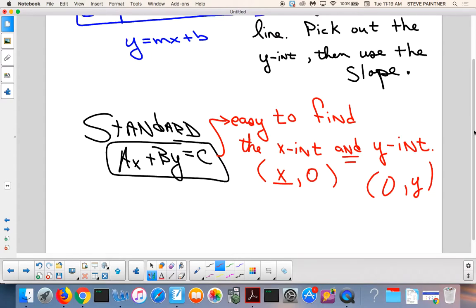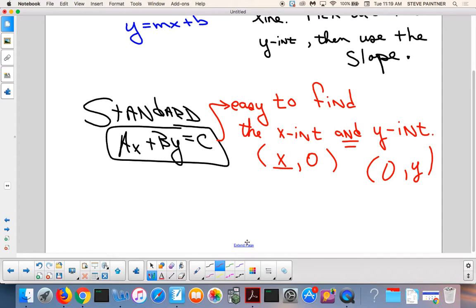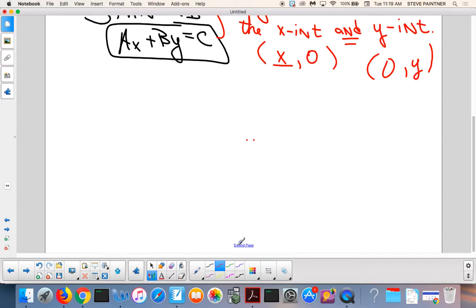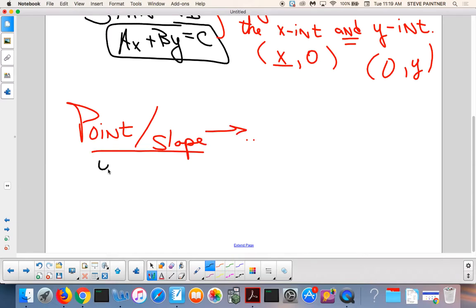Now, here comes today's form. Today's form is called point-slope form. Now, you don't know this yet because you haven't worked with it. Why do I like this form? Okay, quit humming. So there's your point-slope form. But why do you like it?